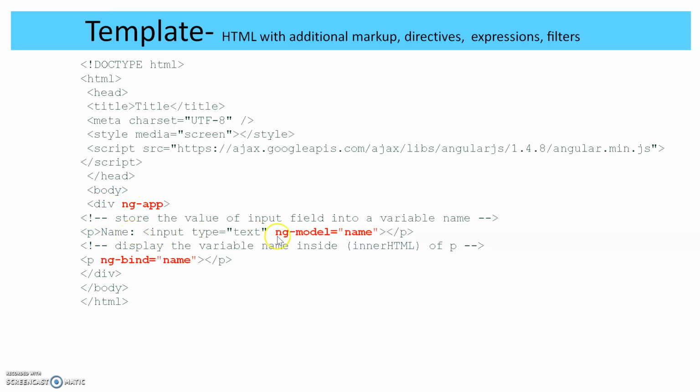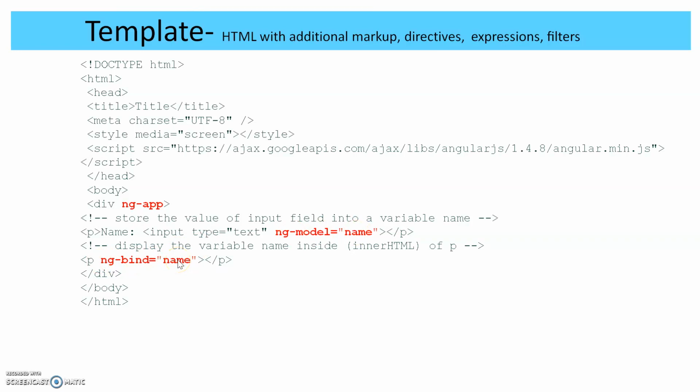Inside that is one text box, and this paragraph has the directive ng-bind equal to name. The ng-model is equal to name, so model is an attribute having the name. Whatever value is typed in this text box will be referred to with the variable name, and here I am displaying that name.